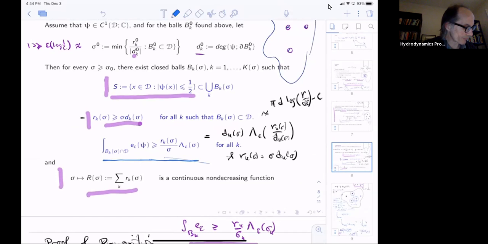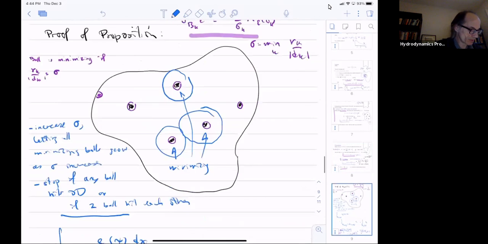because when I consider minimizing balls, I only look for things that don't touch the boundary. I only look at guys in the interior. This is only for balls contained there. Okay, but what happens if 2 of them touch each other?